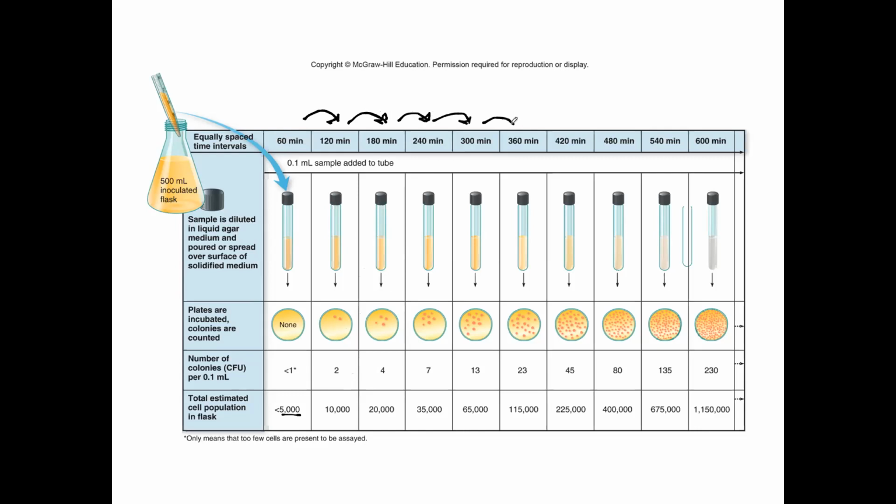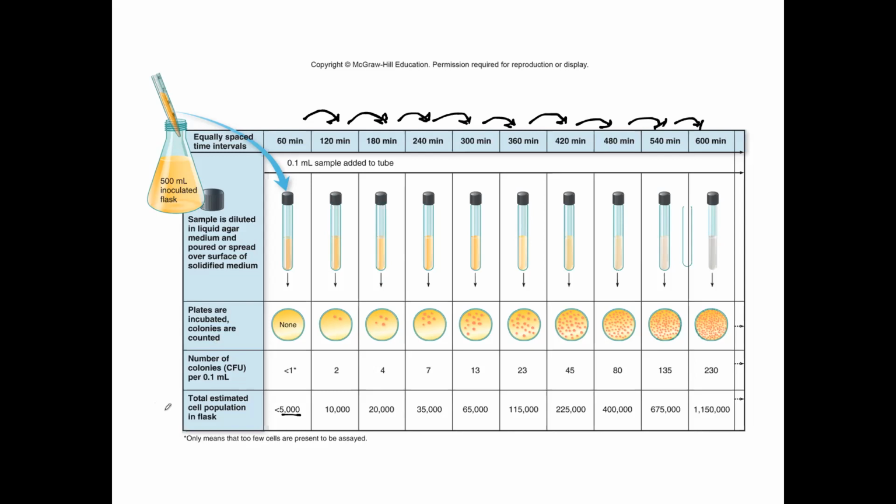And the number of cells growing on the plate each time is going to increase. We can work backwards from the number of cells on the plate to figure out the number of cells that are actually in the tube, and then we can make a plot from there.